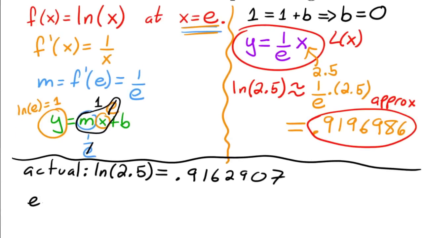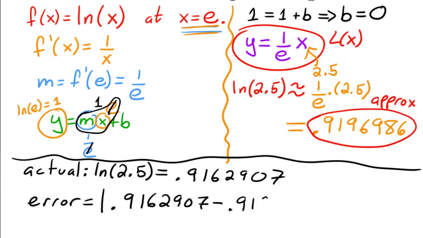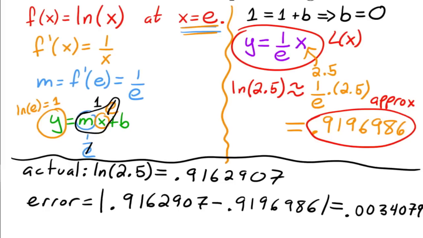Okay, so then the error is equal to the absolute value of the actual, 0.9162907, minus the approximated, which is 0.9196986. That's equal to 0.0034079.